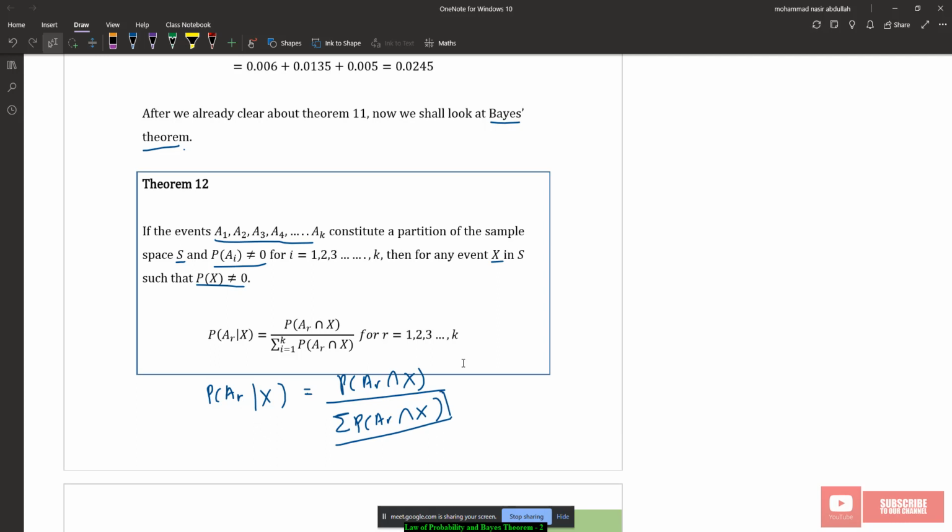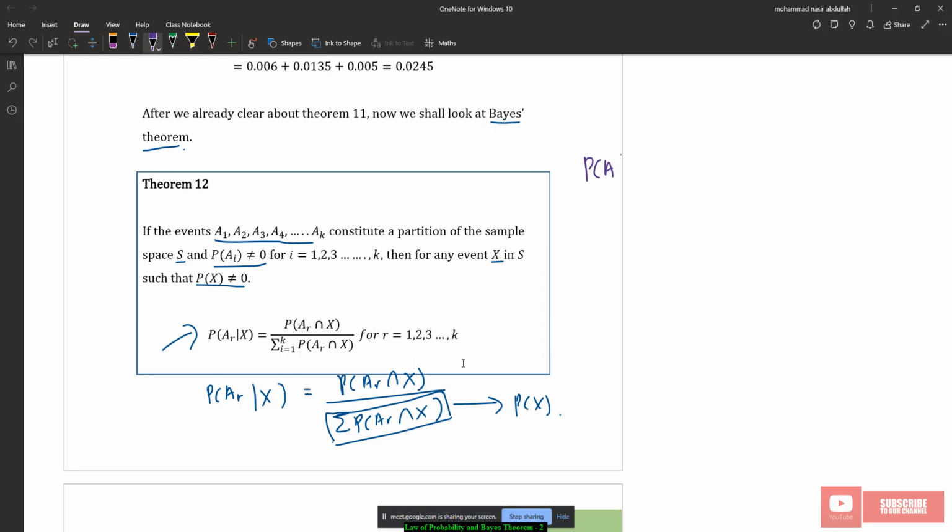This one, the denominator, what does it mean? This we are adding all the intersection with X, right? So this is actually probability of X. This is what Bayes theorem tries to tell us. Basically, it will stick to the original conditional probability.